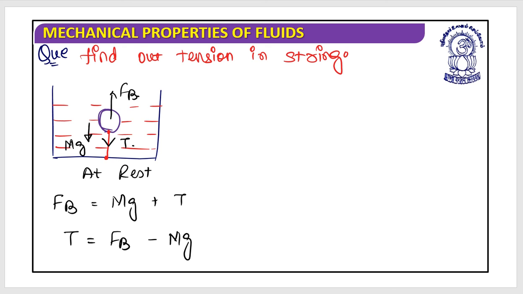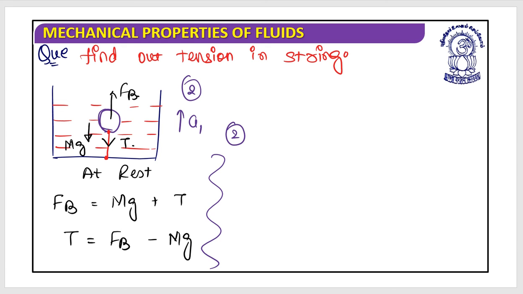Now suppose I move this in the upward direction with acceleration a1. This is the second question. If I move this upward, that means FB would be higher than mg and tension.